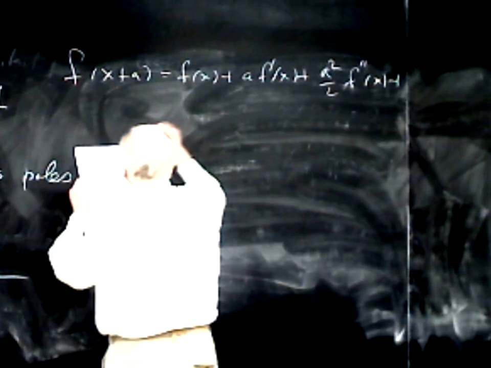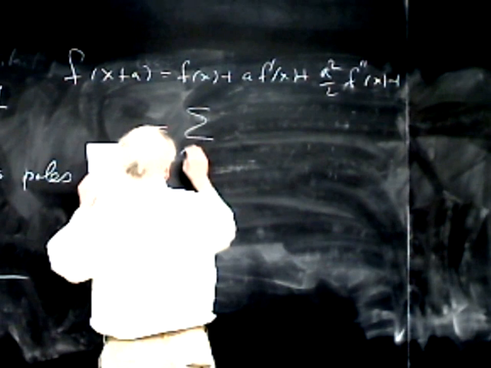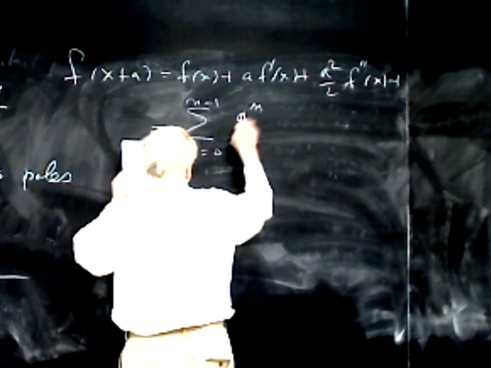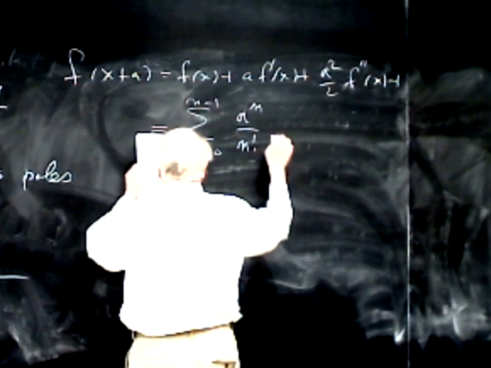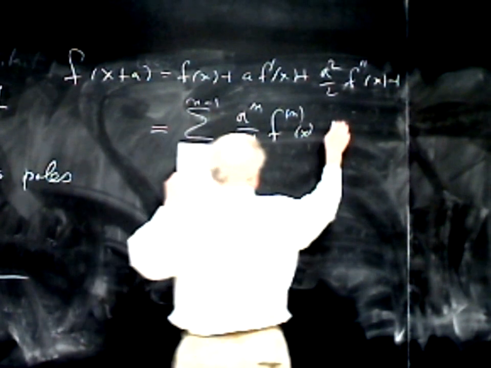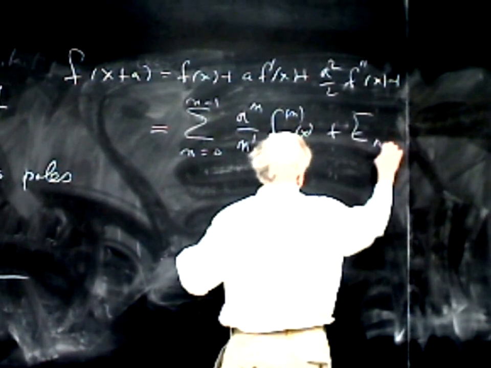And we can write that as a series n equals 0 to n minus 1 a to the n over n factorial f^(n) of x plus e sub n.